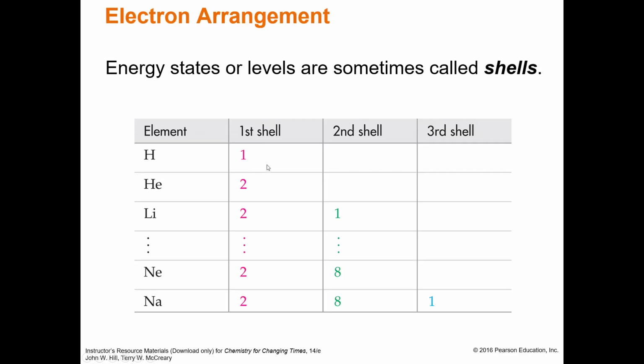So hydrogen has an electron that's in the first shell. If we were to add energy to it, it could go into the second shell and become excited. It would then drop back into the first shell when it's going back to its ground state. And right here we see helium, it has 2 electrons in the first shell. Lithium has 2 electrons in the first shell and 1 electron in the second shell, and so on.